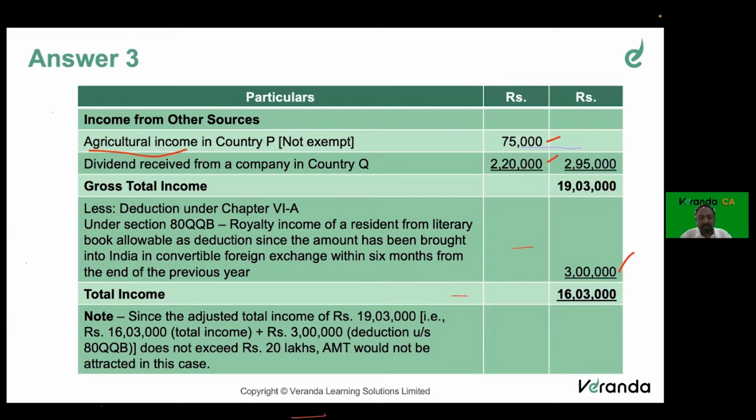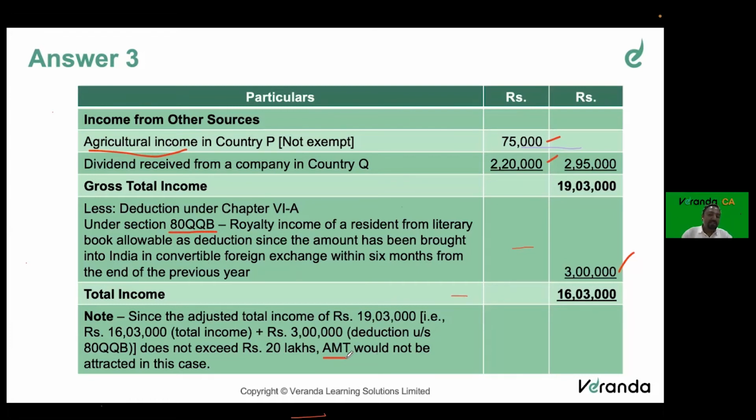Now, what is this 16,03,000? Since there is a deduction under section 80QQB, we need to see whether alternate minimum tax is applicable. Alternate minimum tax is the minimum alternate tax for entities other than companies. This alternate minimum tax is applicable only when your adjusted total income is more than 20 lakhs.